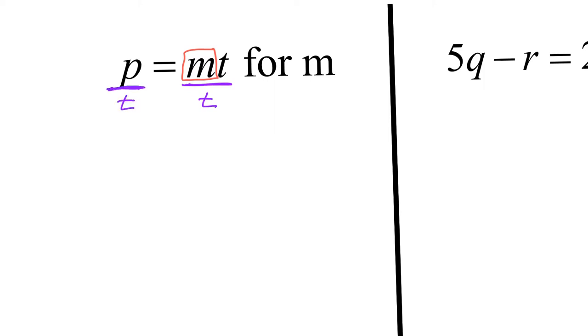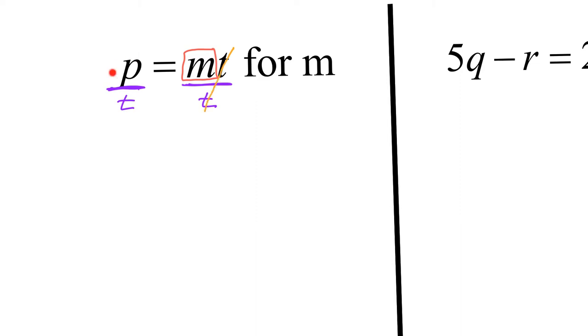Now think about the numbers when you divide one number by itself. For example, 7 divided by 7 equals 1, or 10 divided by 10, you're dividing the number by itself and it equals 1. So t divided by t is dividing by itself, so that's also going to equal 1. We can simplify this to 1.